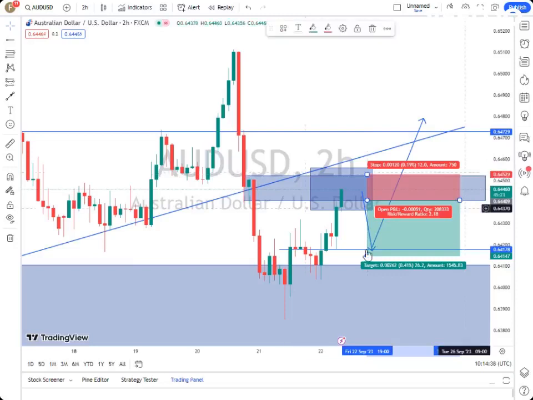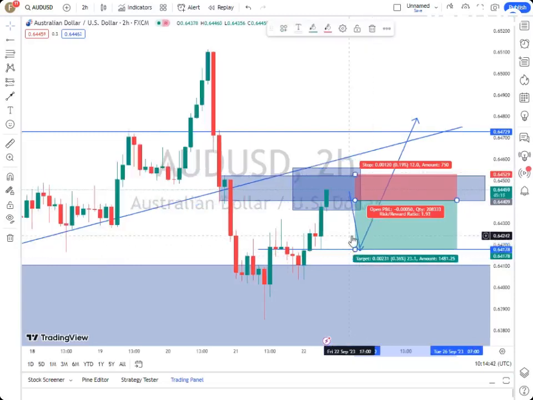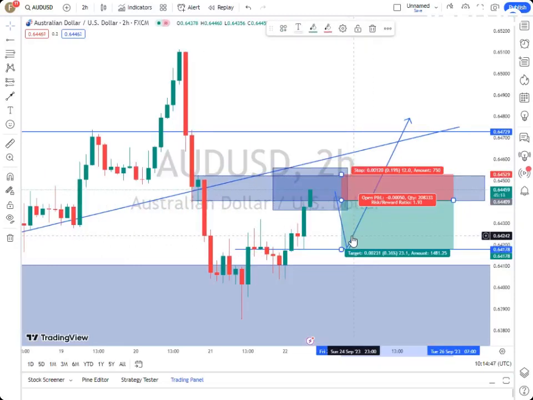You put your stop loss here and you put your target somewhere here. Looking at this, it is about a 1.93 risk to reward ratio. So to me, this trade does not make sense.